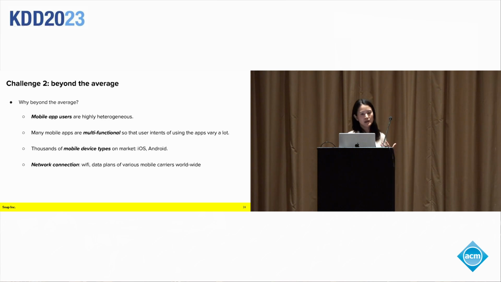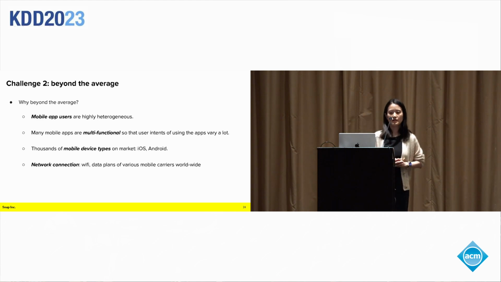Also, many mobile apps are multifunctional, so users' intents of using the app vary a lot as well. Taking Snapchat as an example again, Snapchat has the functions of camera, communication, or social media. So users may use Snapchat for very different purposes.